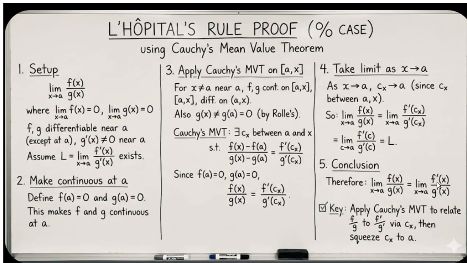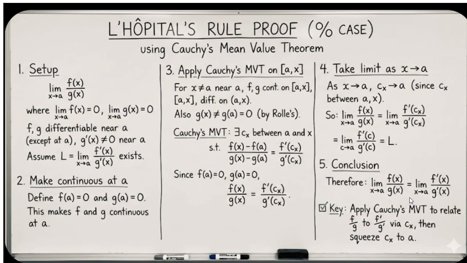Therefore we can conclude that instead of c we can replace it by x here, because as x tends to a, c lies between them, which means it is almost near.